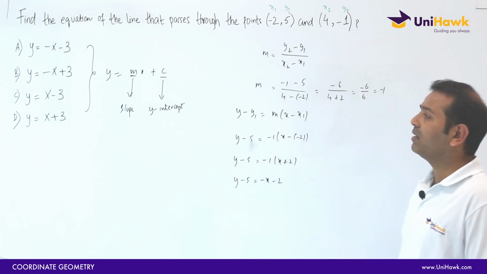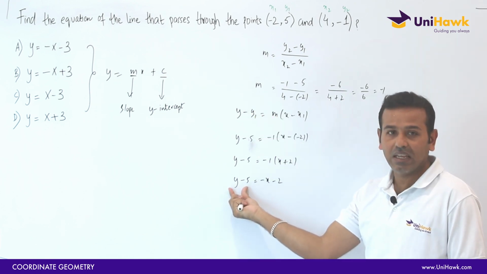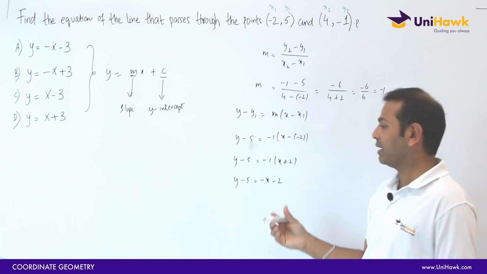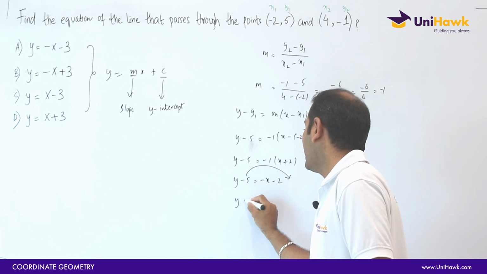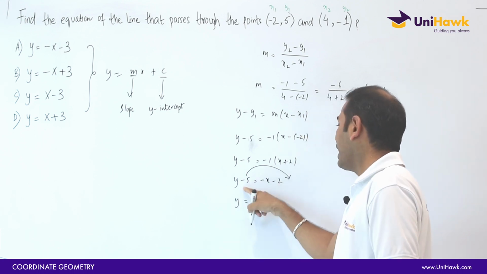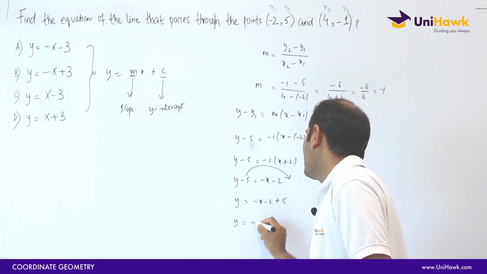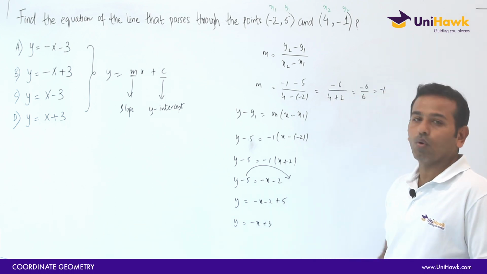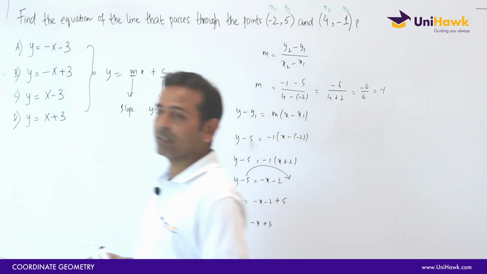Now we need the equation in the form of y equals mx plus c. So what we have to do? We have to leave y on one side and take the negative 5 to the right hand side. This is y equals negative x minus 2, and negative becomes positive 5. So y equals negative x plus 3, right? So which option is matching? The answer is option B in this case.